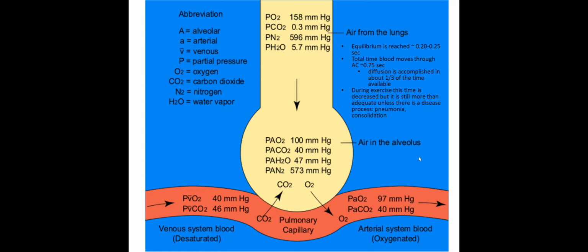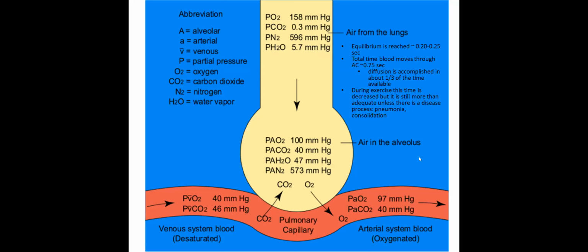Now, as we look on to the right side of that capillary, you can see PaO2, that's arterial oxygen. It's about 97 here, and the PaCO2 is about 40. So this is normal. Now, let's think about the time available for this gas diffusion to occur.